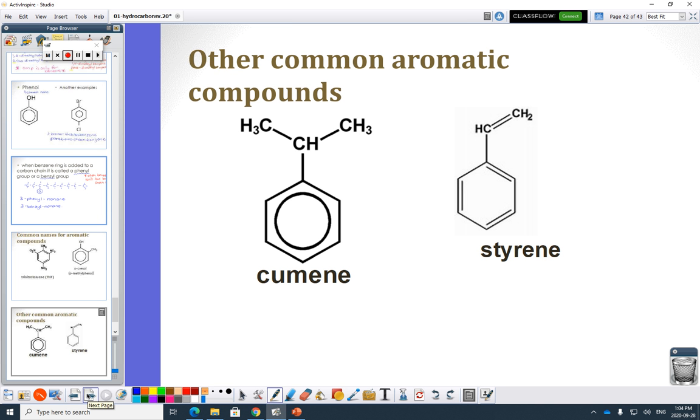Cumene is a preservative or a toxin produced by plants to protect themselves from insects. Styrene is styrofoam. So tomorrow when we talk about polymers, when you break this double bond and link many of these molecules together, like millions, you get polystyrene. Polystyrene is a very persistent molecule because it's based on benzene. It doesn't break down very easily.